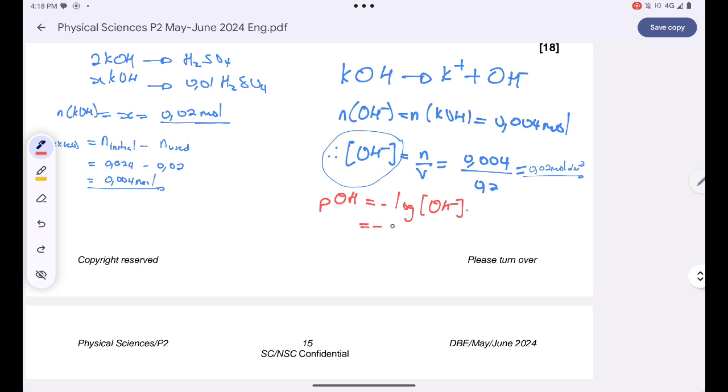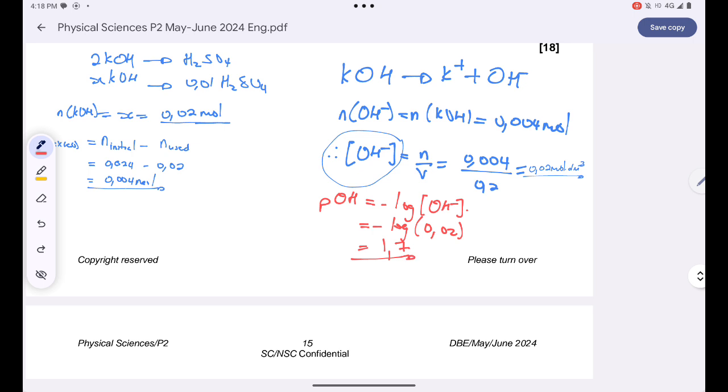This will be negative log of 0.02, and this will just give me 1.698. That's basically 1.7. That's my pOH, but I was never asked to find a pOH.